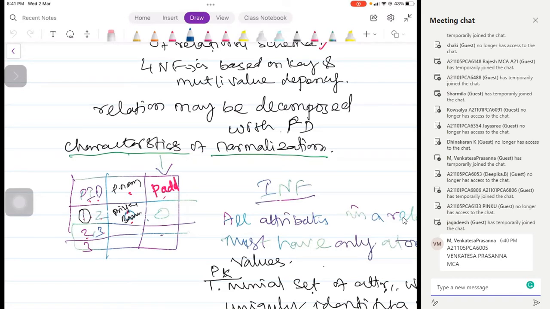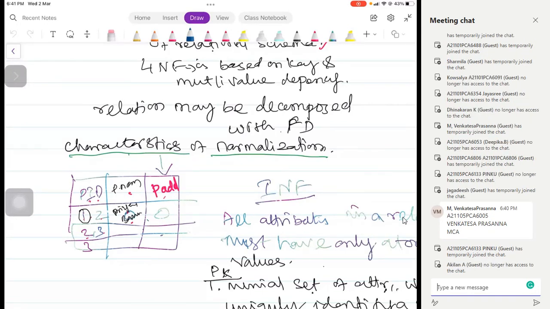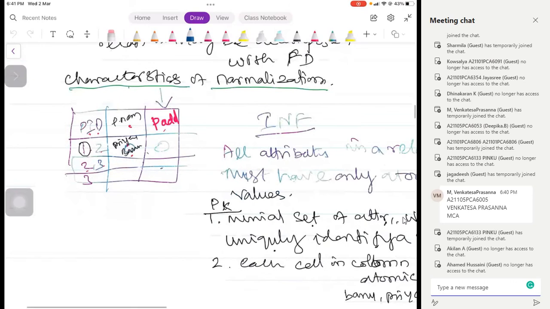This much amount is spent for medical expenses, this much for festivals, and so on. So what are all the expenses functionally dependent on one particular activity? You write that separately. That is the decomposition, isn't it?